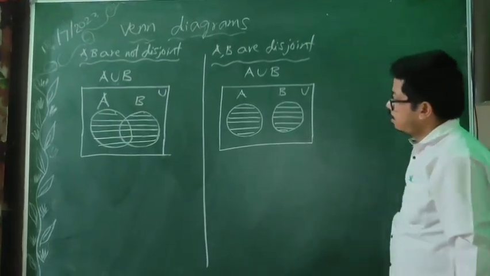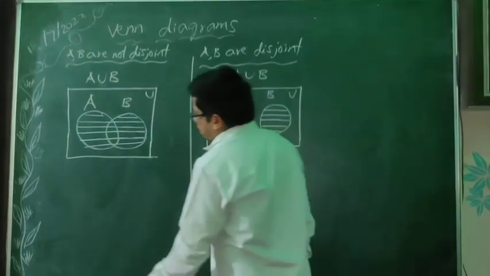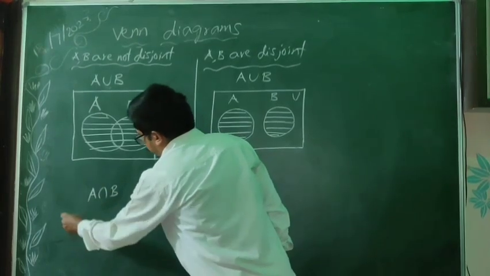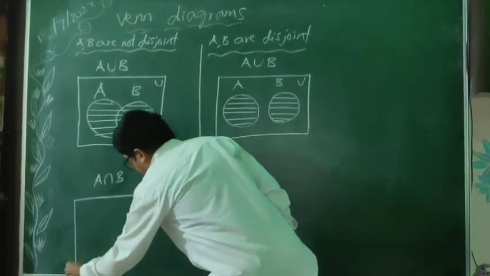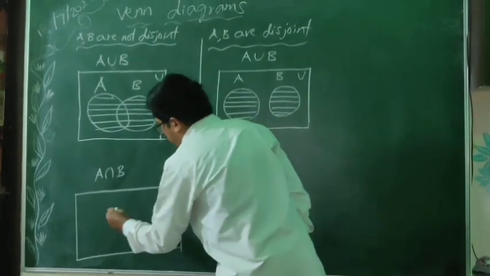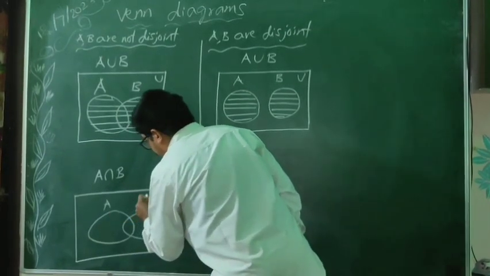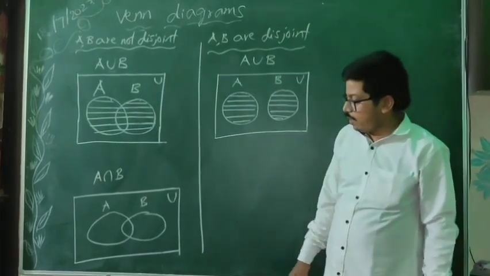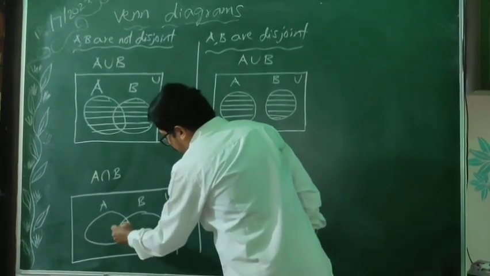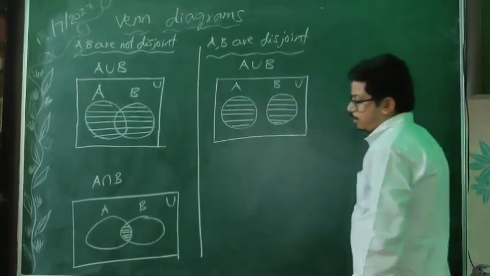This is A and B for disjoint sets. Next, A intersection B. Intersection means the set having common elements in both A and B, and it is enough to shade this part only, the intersecting part only.